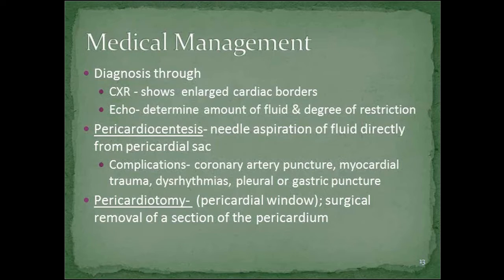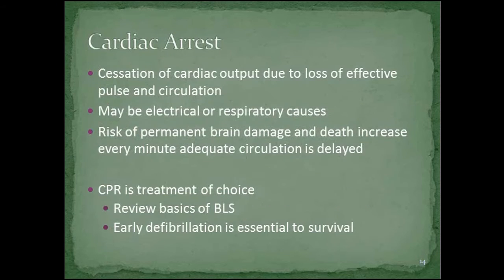Our nursing care related to a pericardial window is just routine postoperative care that you would do for a CABG patient or for a patient having valve surgery, and then very close assessment to make sure that they don't have recurrent tamponade. Same with pericardiocentesis. If we participate and help with it, then our post-procedure nursing care is close assessment to make sure they don't have a recurrence of the tamponade.